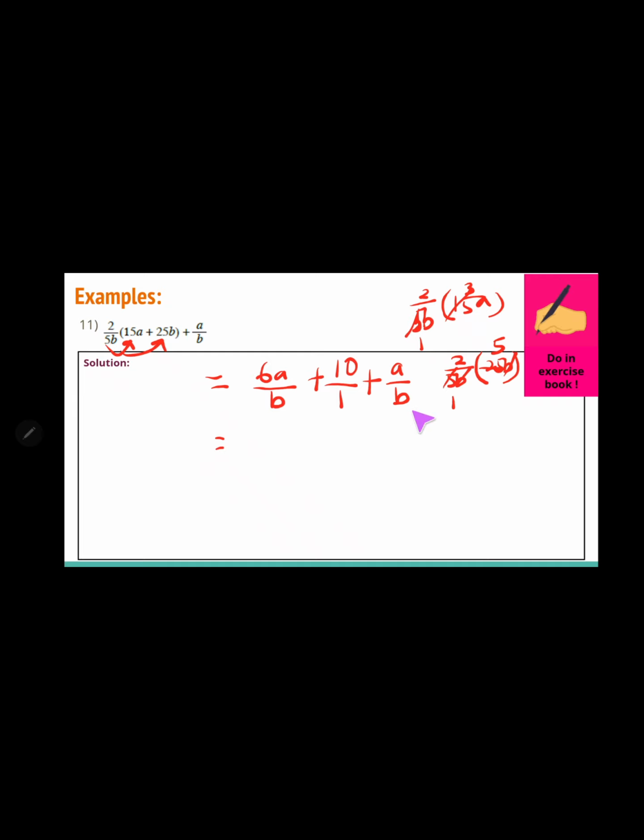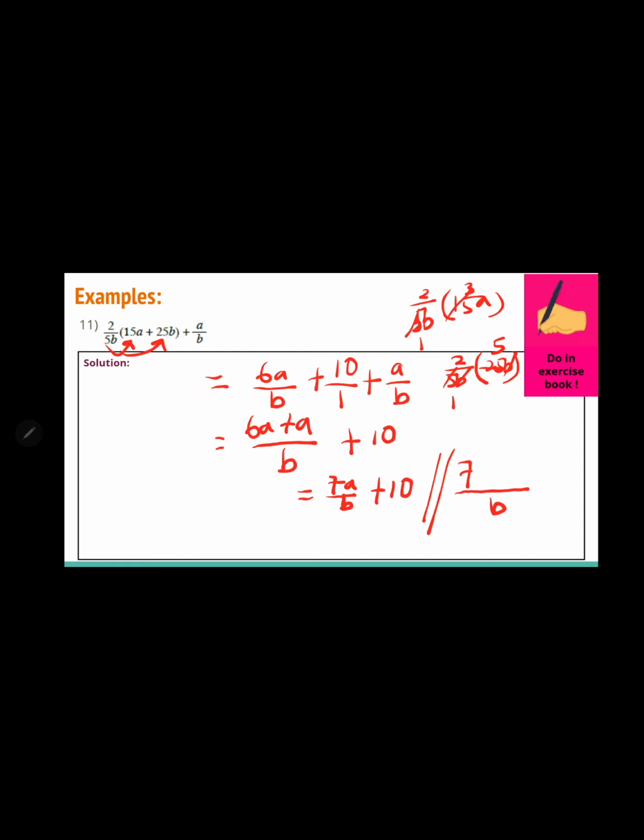If I don't put b, what happens? The one with the denominator of b, I put together: 6a plus a. The one with no denominator, I put 10. Over 1 means 10. So then I have 7a over b plus 10. Also can. Let's say you want to have your b down there.